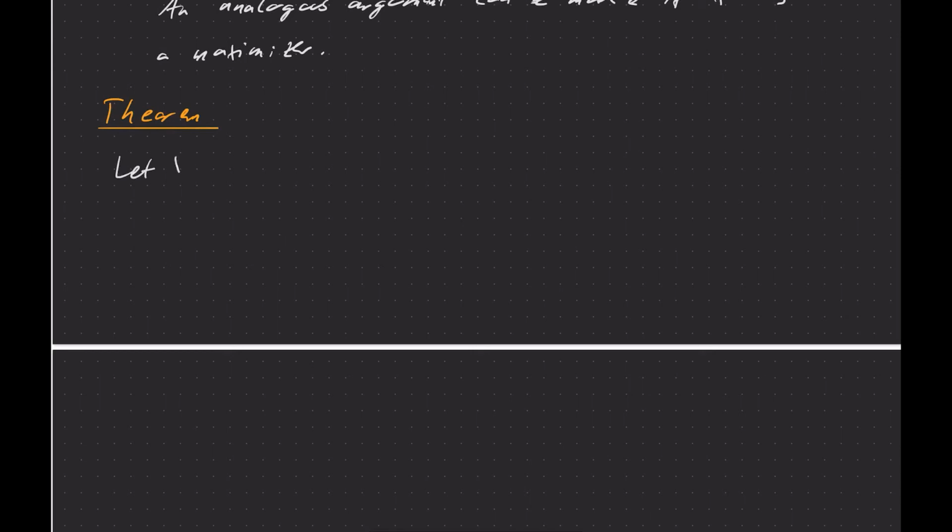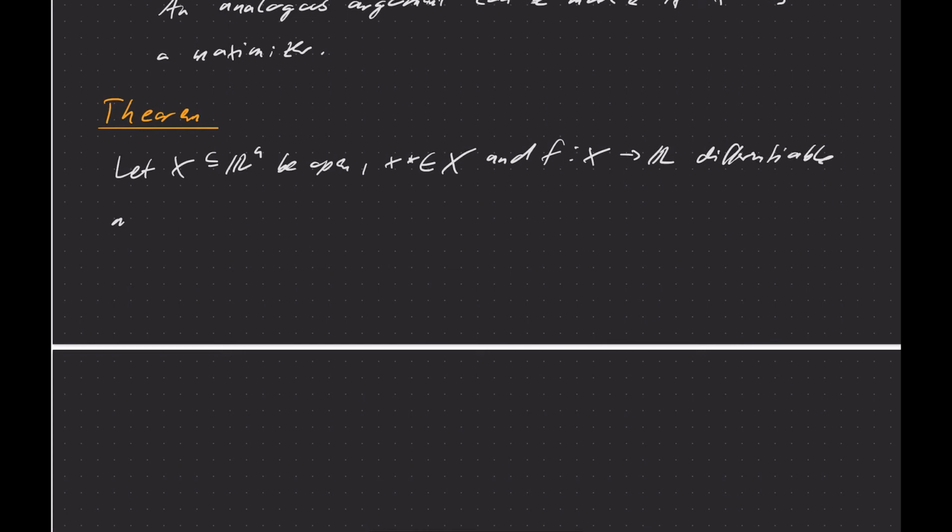Let X be an open subset of R to the n. Let x star be in X, and let f be a function from X to R that is differentiable at x star.